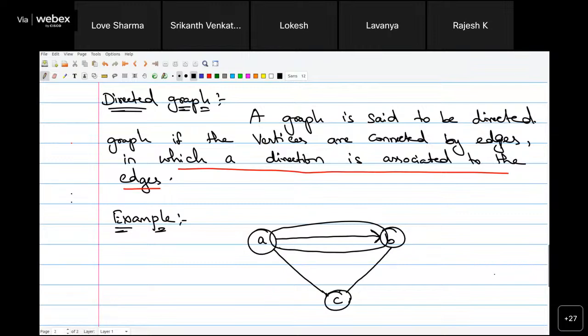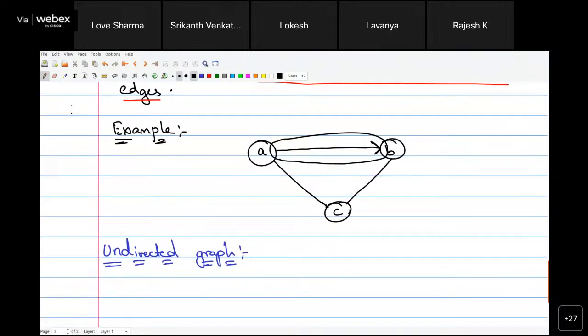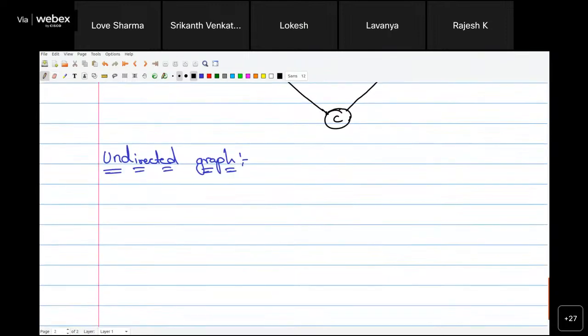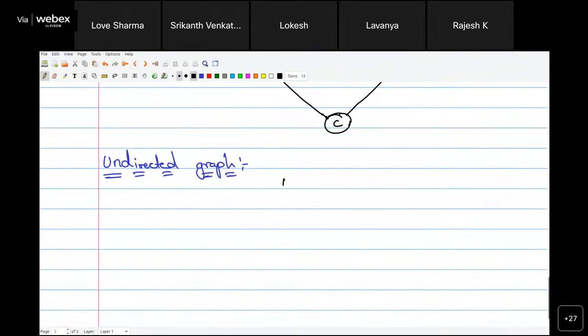So the undirected graph will be like, if all the edges do not have any direction, or having no direction means it is saying that it is bidirectional. So note this point. No direction to edge, or all the edges are bidirectional.